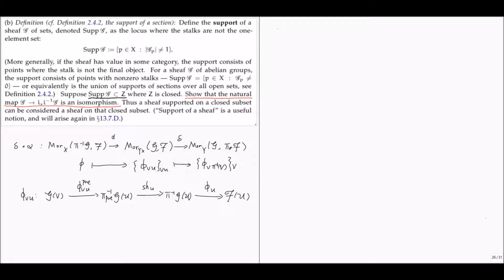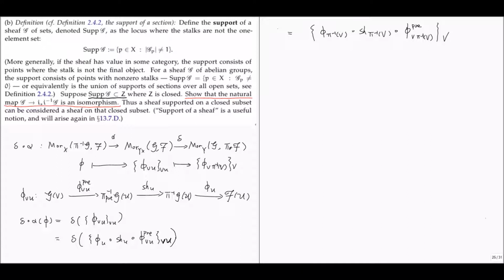And now let's get the formula for delta composed with alpha. Now, the action of delta to this guy will replace all the u's by pi inverse of v. And this is what we will get at the end.